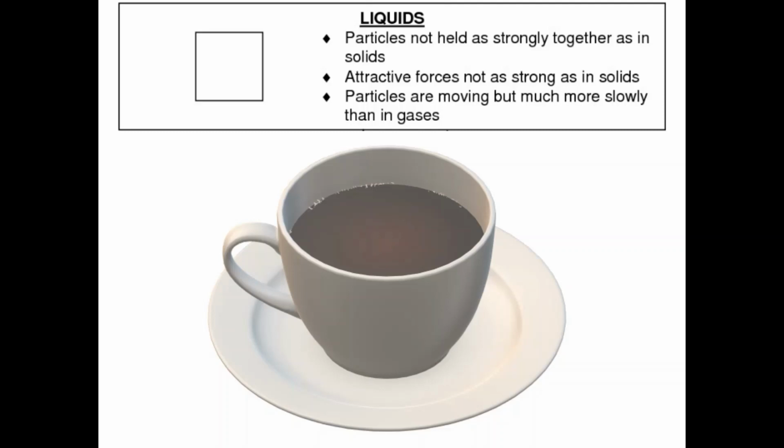Attractive forces are not as strong as solids, obviously, because you can drop something into it and it'll go inside. And the particles are moving, but much more slowly than in gases. So if you're wondering what this means, particles are moving, but much more slowly than in gases, I've got the next state of matter to help you explain that. So let's go ahead and take a look at that one now.